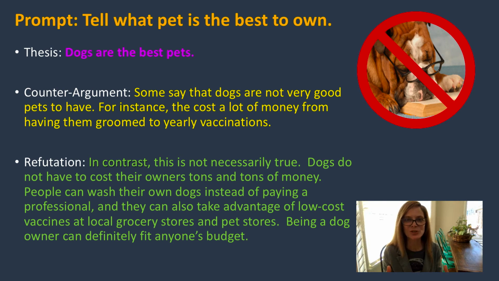Your job is to show that dogs don't have to cost a lot of money. You have to make sure your refutation shows that that example you used for the counter-argument is wrong. Make sure the counterargument and the refutation match each other. Let's take a look at what that looks like.